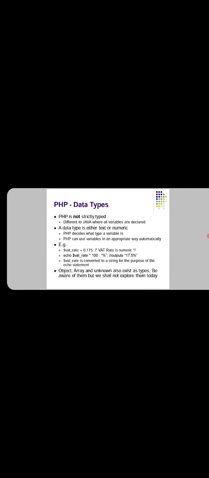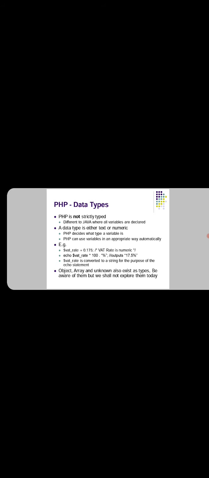Data types. What different data types are available in PHP? PHP is not a strictly typed language, which means we can create any data type and use any variable to store any type of data.